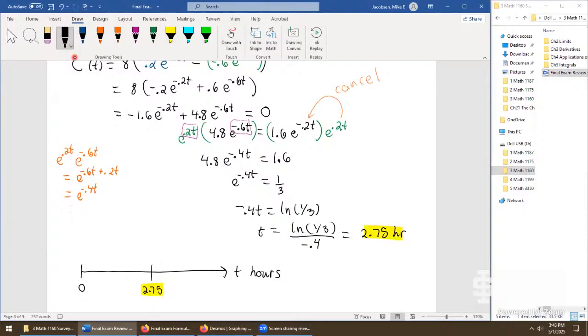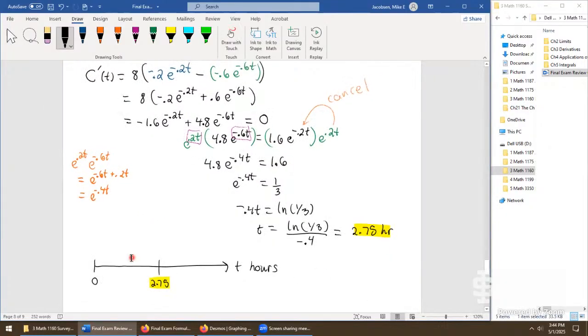What we need to do is check the sign of the derivative on this interval right here, and on this interval. We use test values. A good test value here could be 0. 0 is in this domain. That's the point where we injected the antibiotic.